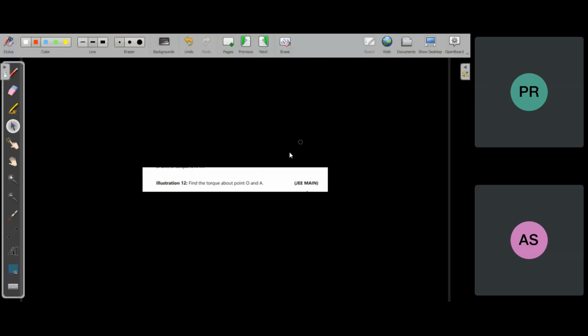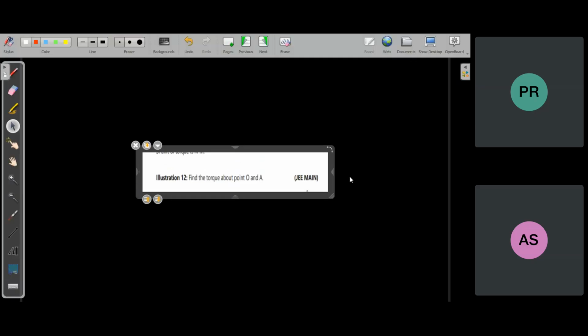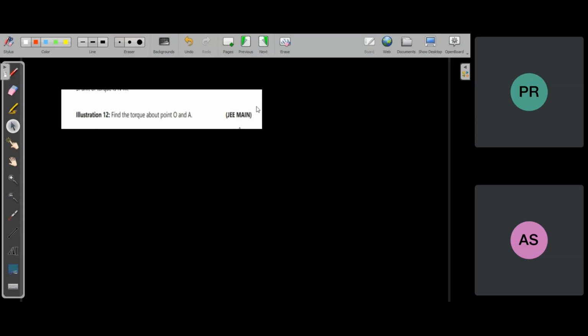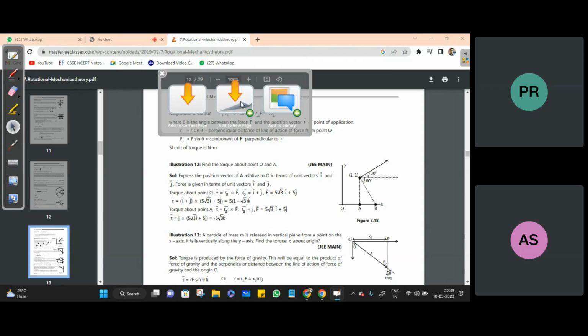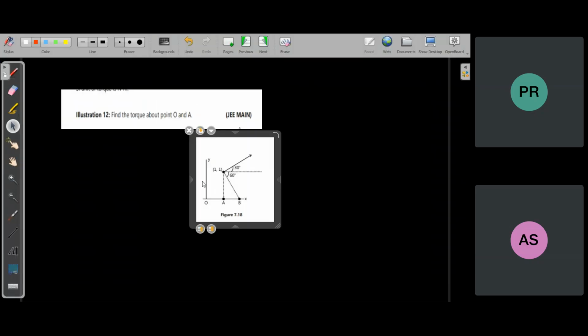Sir, is the perpendicular distance always the perpendicular from the axis to that point? Not axis, first of all. Maybe there is an axis, maybe there is no axis. There is just a point. Till now we have not discussed torque about an axis. We have only discussed torque about a point.